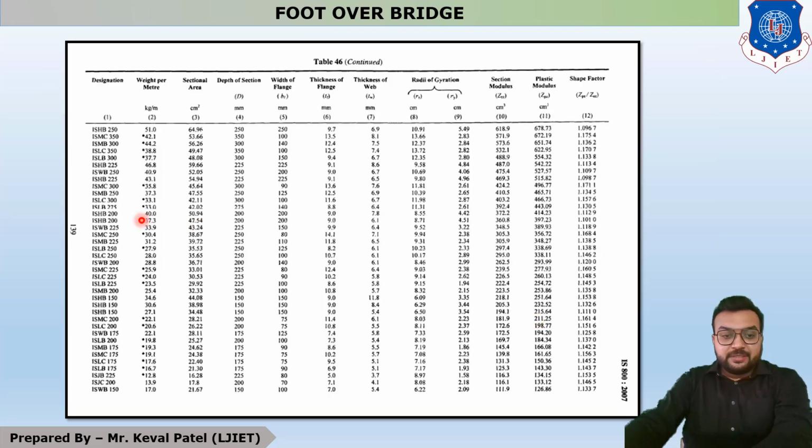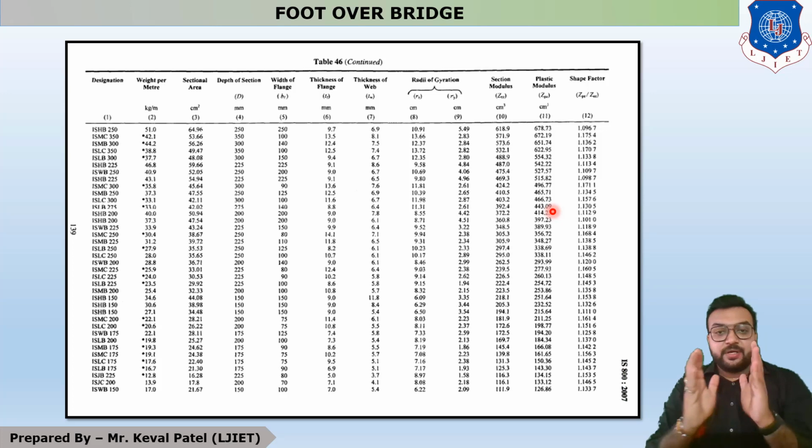So in this example we take ISLB 275, Indian Standard Light Beam. ISLB 275 has a value of 443.09, which is also greater than 363 cm cube. After taking a section, this is our trial and error section.